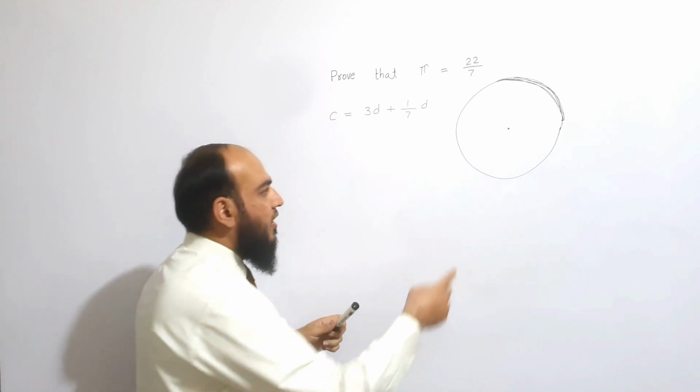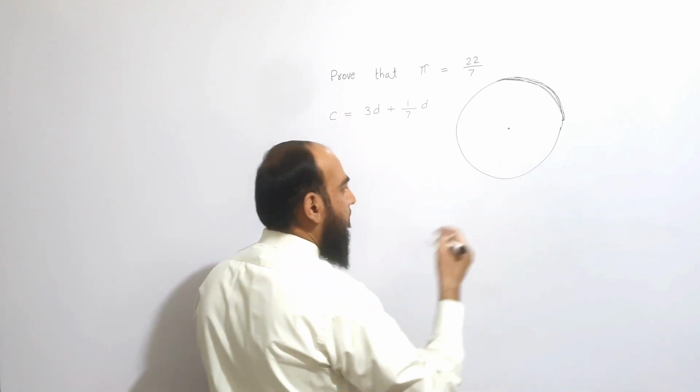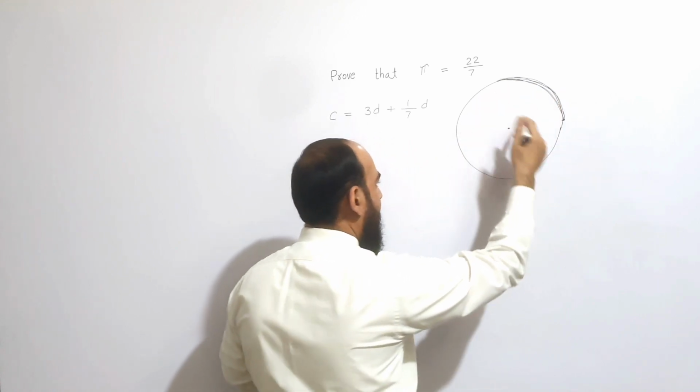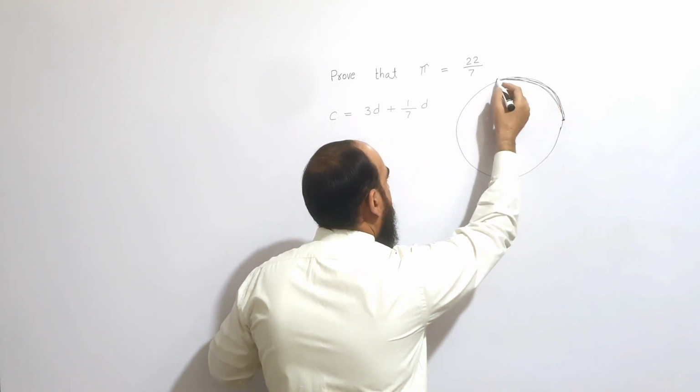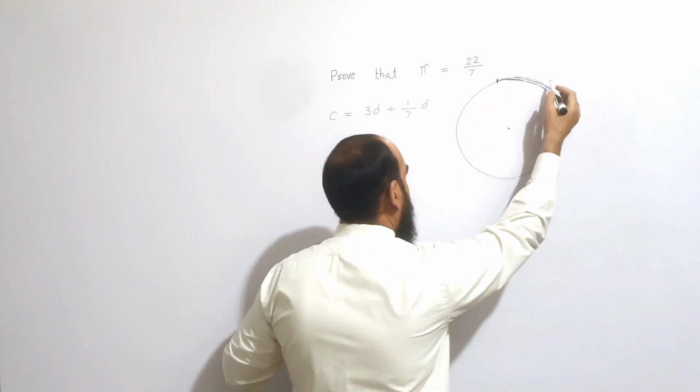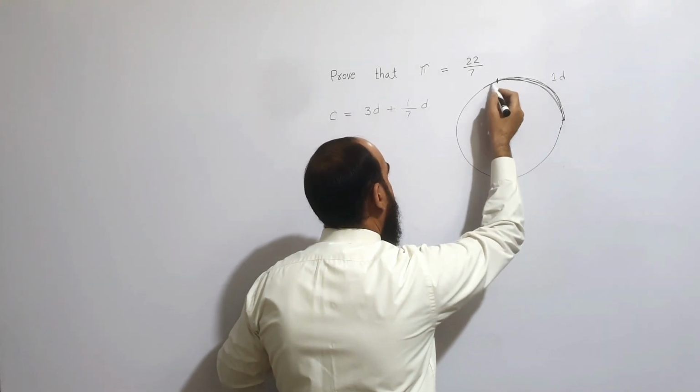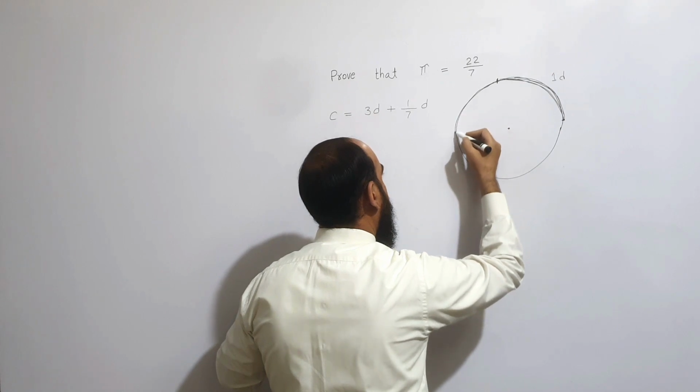Let's see. Here is a circle. If we move on the circumference of the circle, say this is 1 diameter, and move from here 1 diameter more.